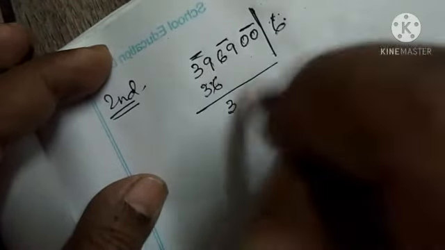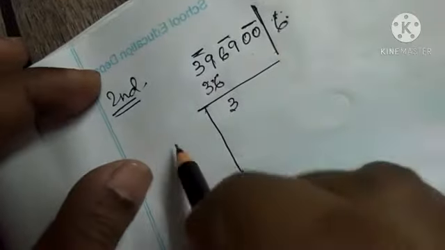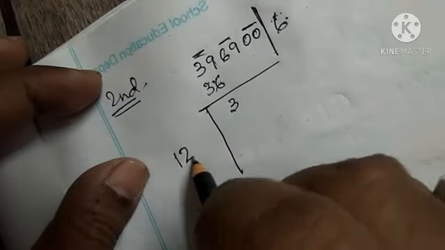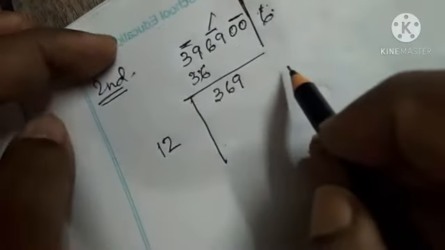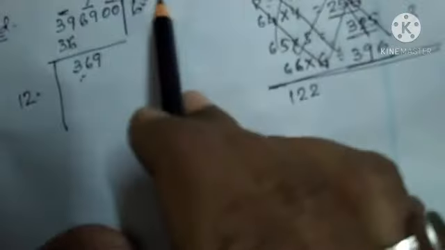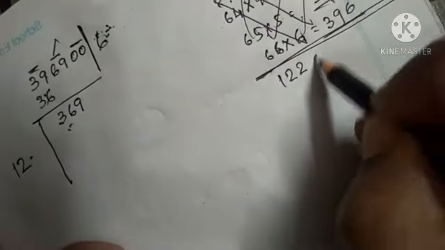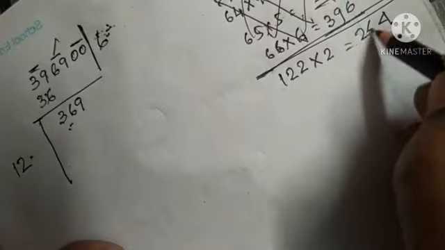3. Now here we have to write the double of this number, that is 12, and this pair will be shifted down, 369. Here if we write 2, we have 122 multiplied by 2, 244.